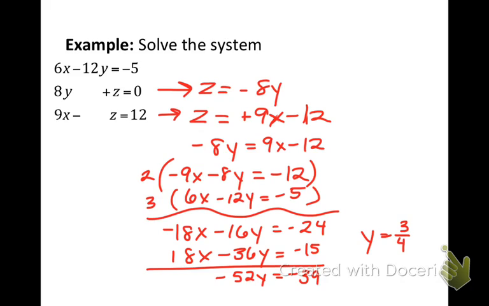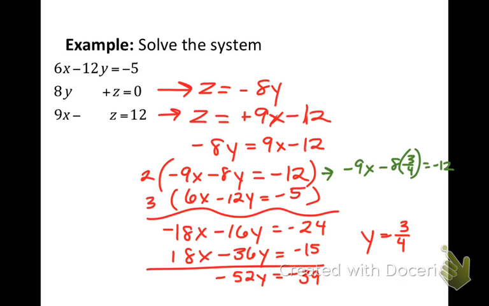Plug that back into one of these two original ones. First one? Okay. So if I do that, let me do this in a different color. Go green, go Christmassy. So negative 9x minus 8 times 3/4 equals negative 12.